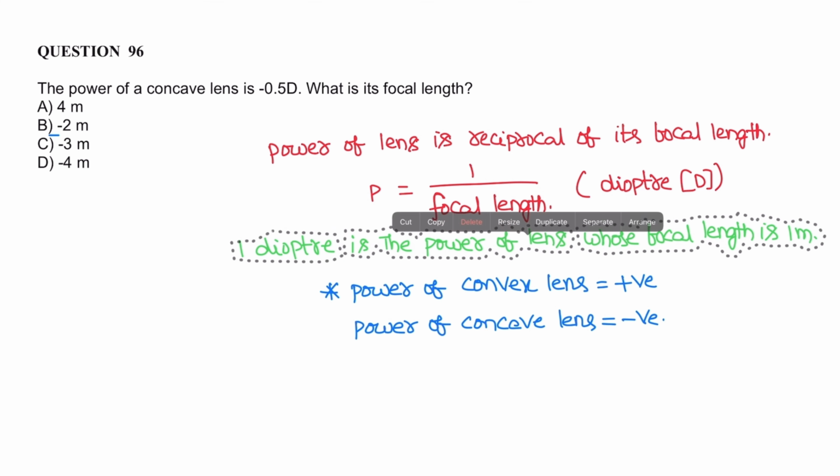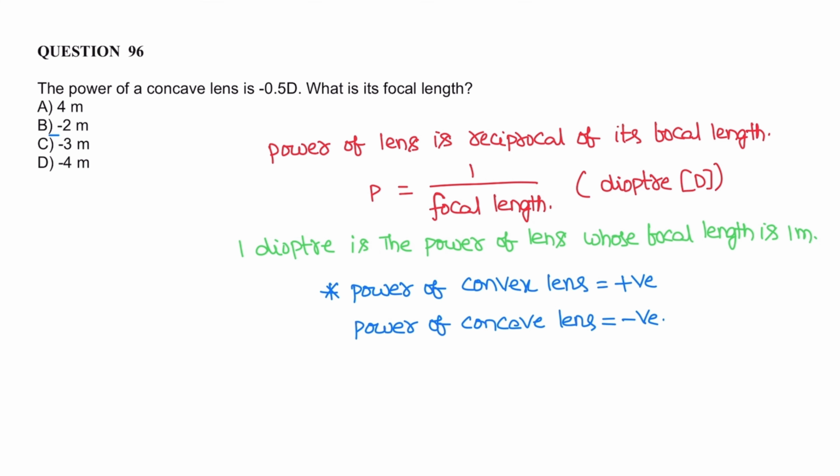The power of a concave lens is negative, whereas the power of a convex lens is positive. So here the lens is concave. Its focal length is 1 by power, that is 1 by minus 0.5. The answer is minus 2 meter. So the correct option is B.